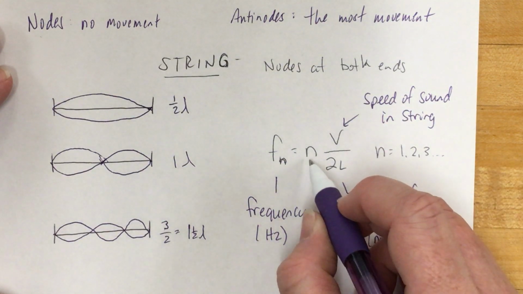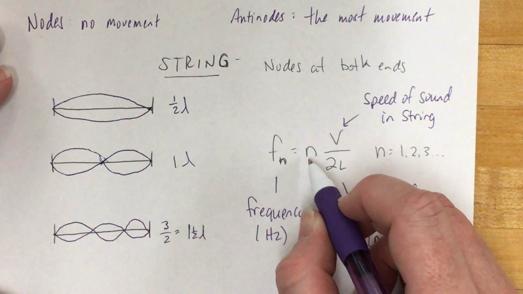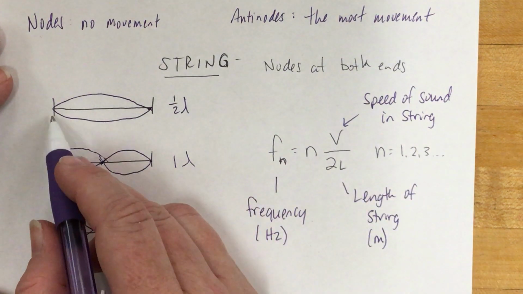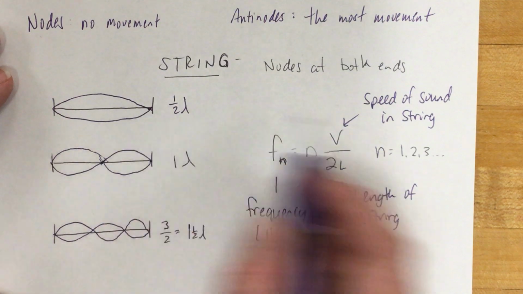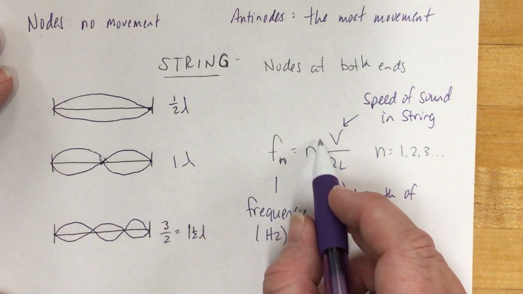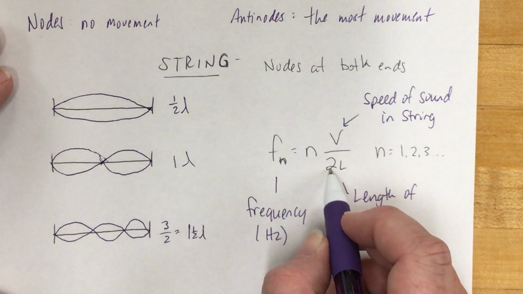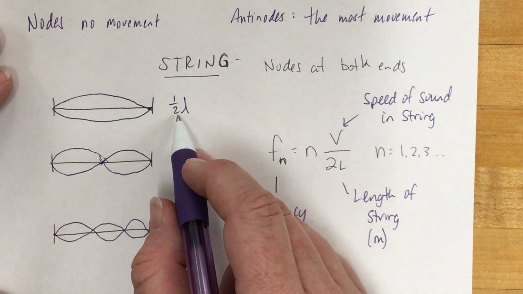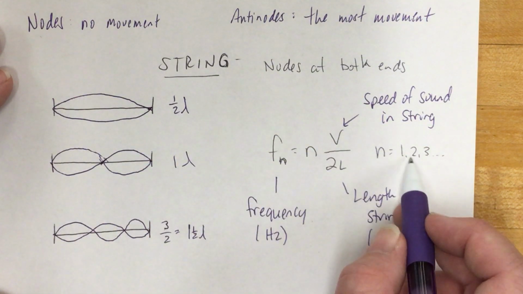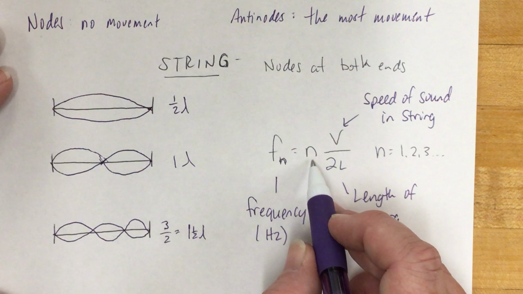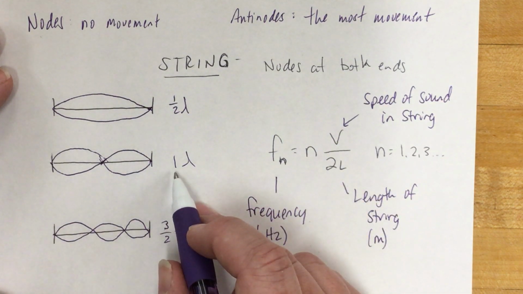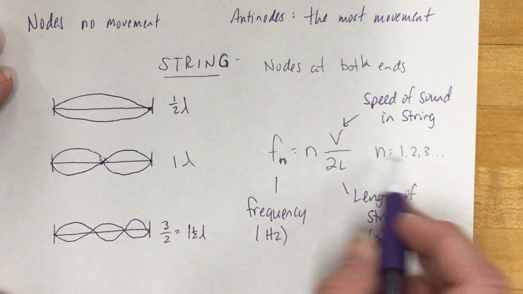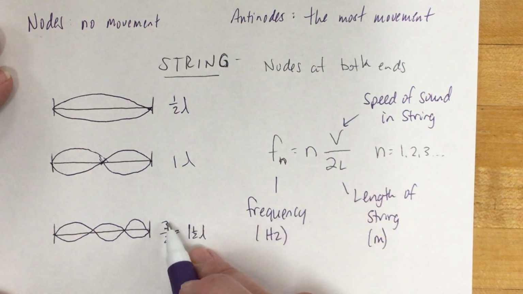This n value goes in here. And what it does is it gives us what we need to meet the criteria of having a node at each end. And so if I say n is 1 and I put the 1 here, I have 1 divided by the 2 there, and I'd have 1/2 of my wavelength. If I take n of 2 and put that in here, I'd have 2 divided by 2, and I have 1 of the wavelength. 3, I'd have 3 divided by 2, so I'd have my 3/2.